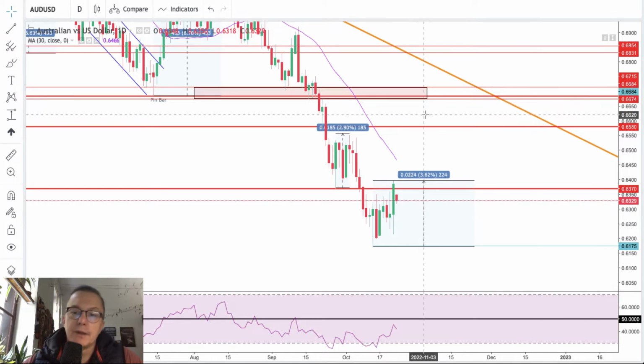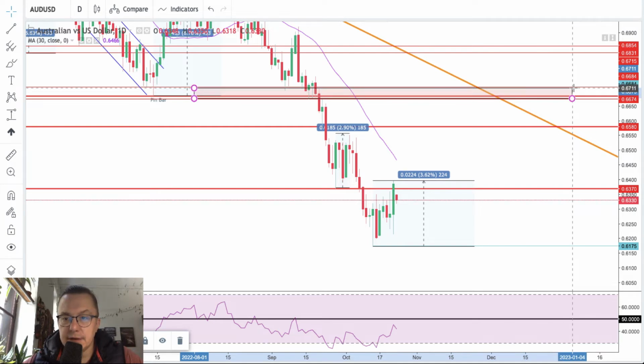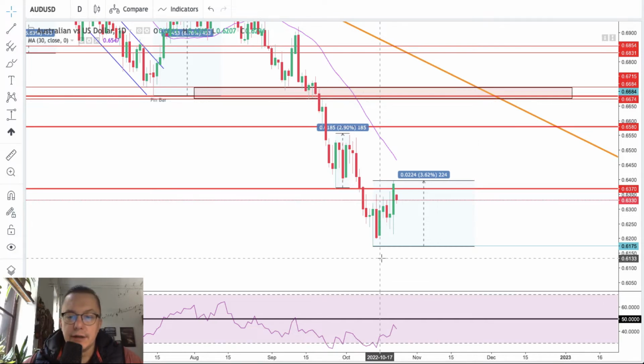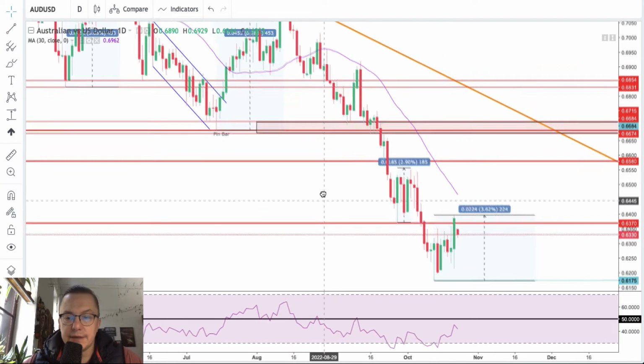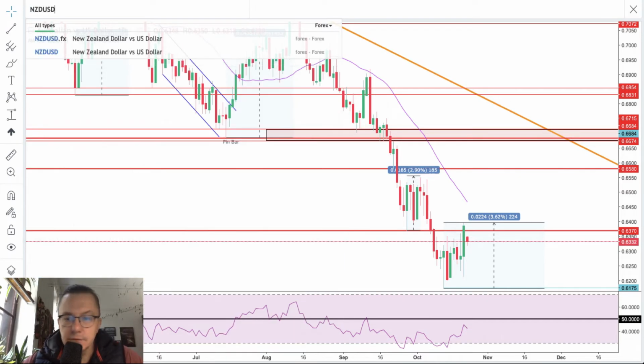So this is a not that narrow, but not very wide supply zone, and only if we break above this zone, we can say that the downtrend is done on the Australian dollar. So please stay vigilant on this market, stay close to the technical resistance, watching what is going on this level.